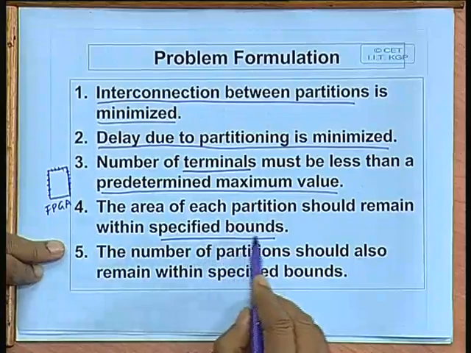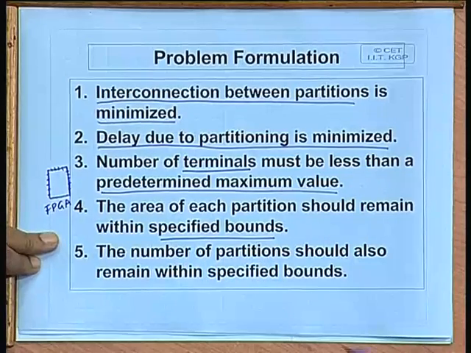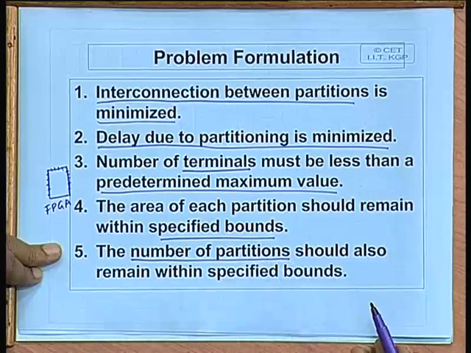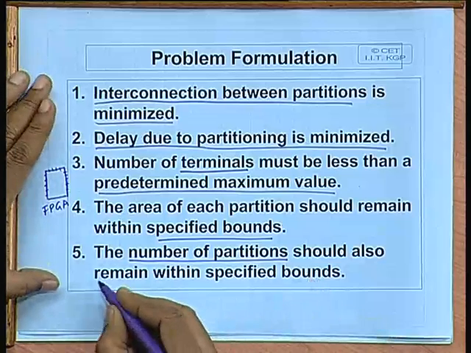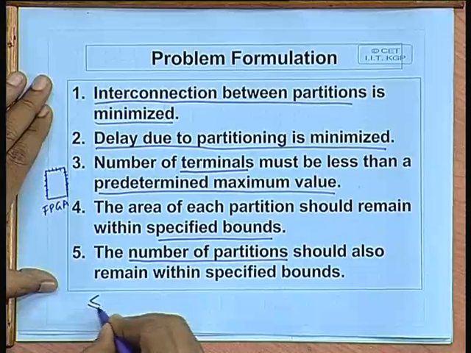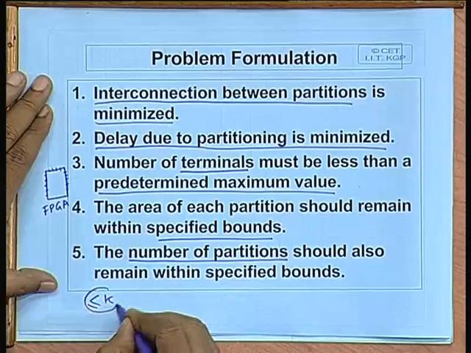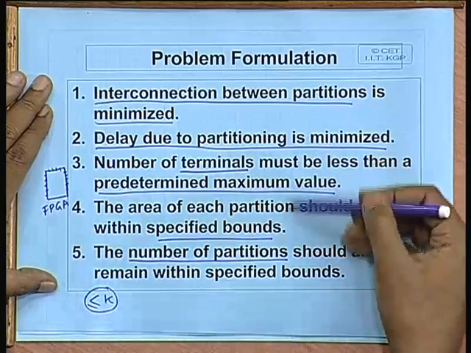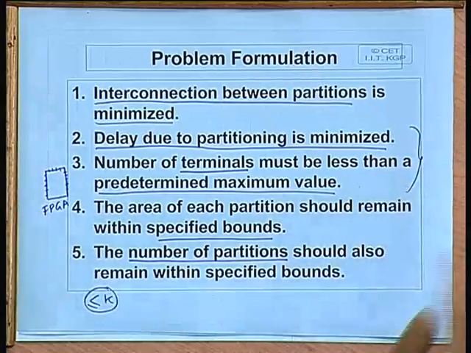So normally area bounds are also specified, and the number of partitions may also be one restriction. That means I want to partition it into less than or equal to k partitions, say. But of course you cannot specify any arbitrary value of k, it will also have to satisfy the other constraints, the size and pin restrictions.